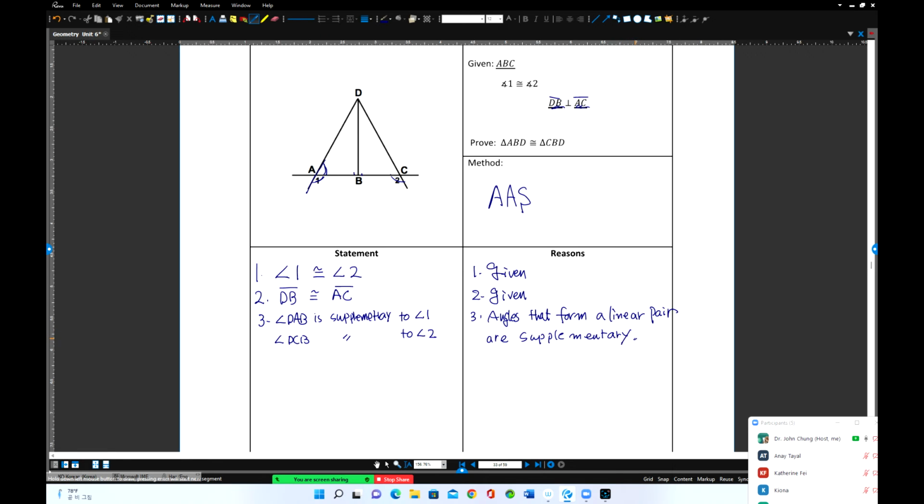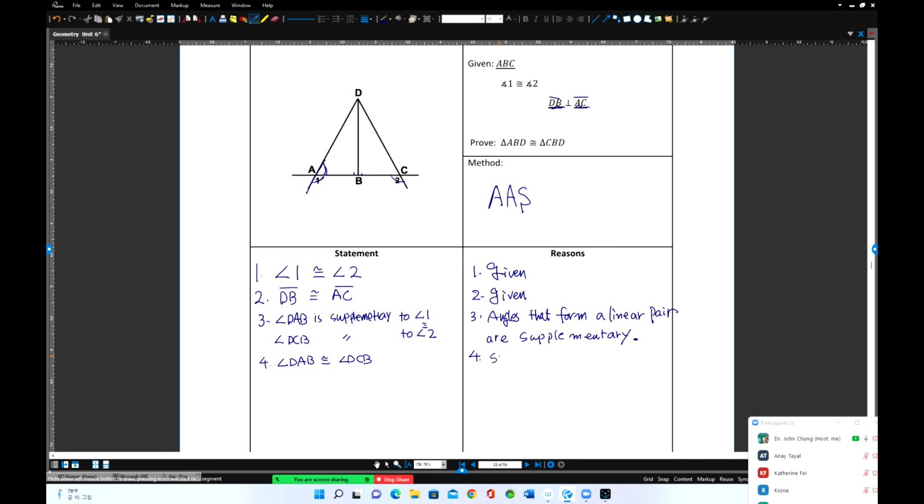Angles that form a linear pair are supplementary. Memorize it, and don't skip any words. Just memorize all these reasons. Angle 1 and angle 2 are congruent, so their supplements are also congruent. So angle DAB is now congruent to angle DCB.